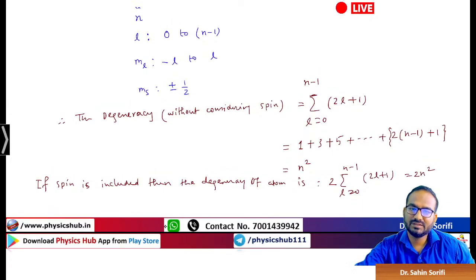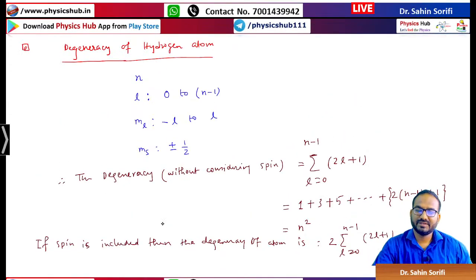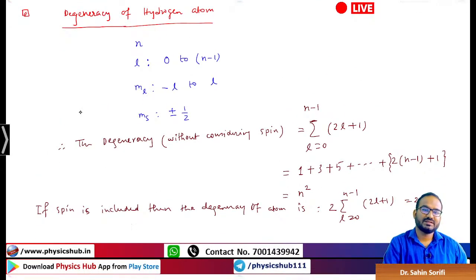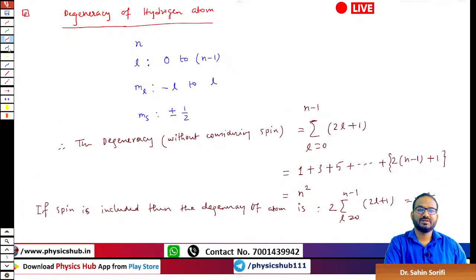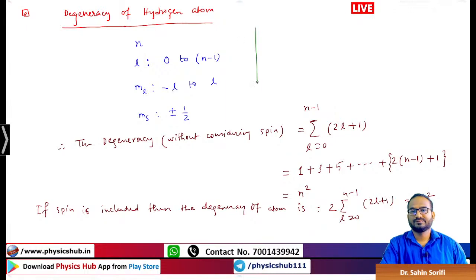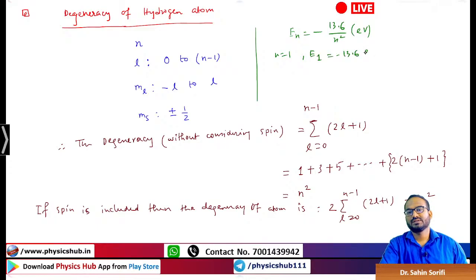You can imagine in one go, the energy level of hydrogen atom may appear to be non-degenerate. Okay, E_n is minus 13.6 by n square electron volt. If you choose n equals 1, E_1 will be minus 13.6 eV.